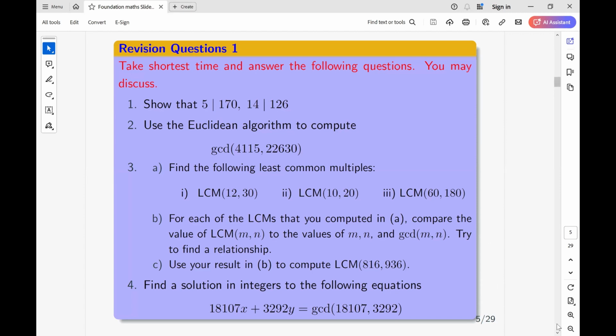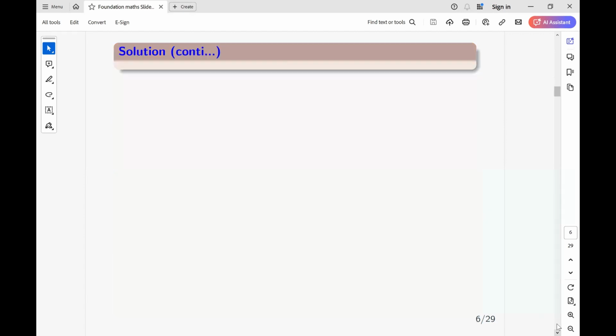Okay, come and show us how to use the Euclidean algorithm to compute that GCD.